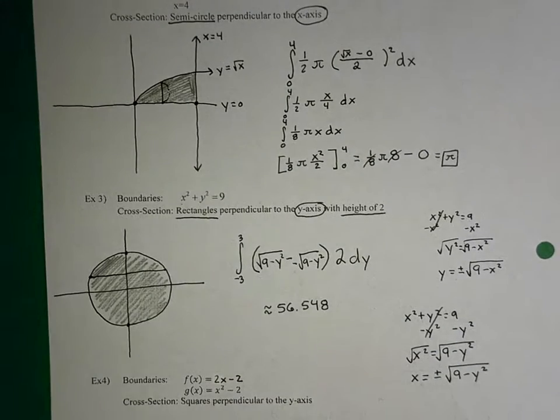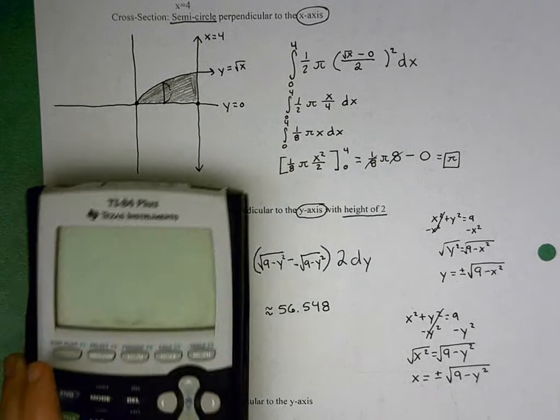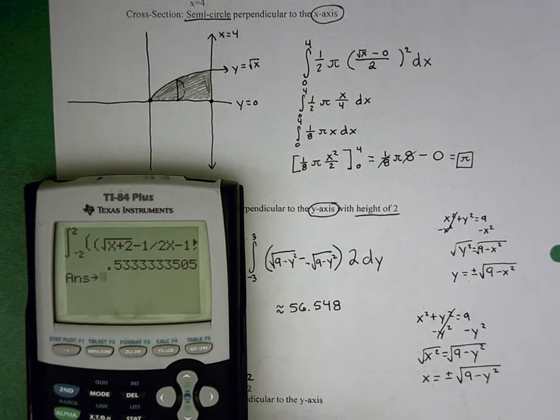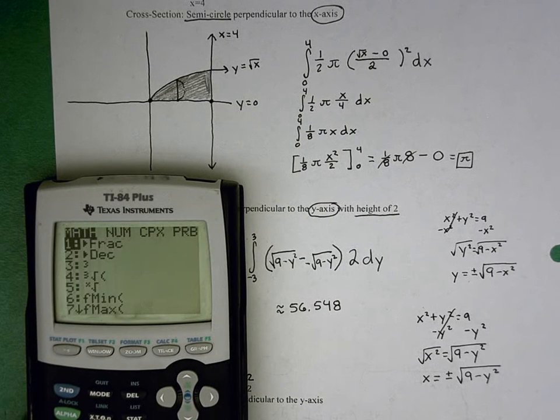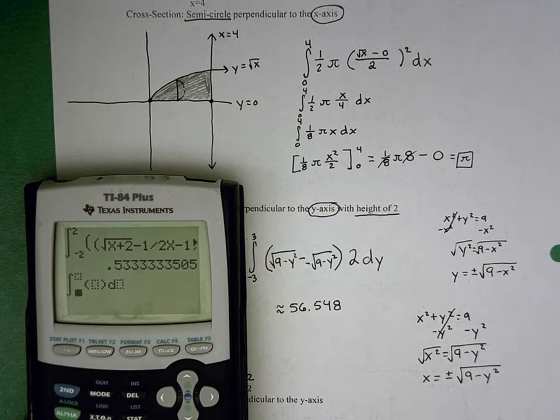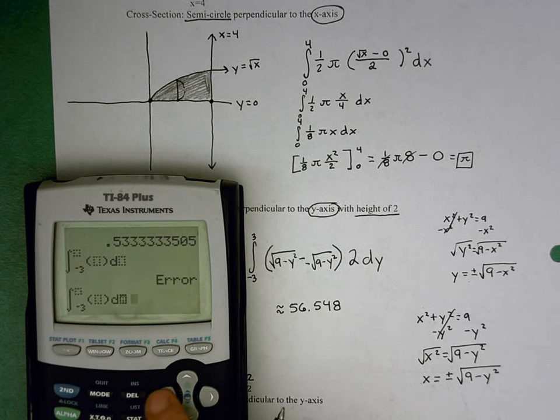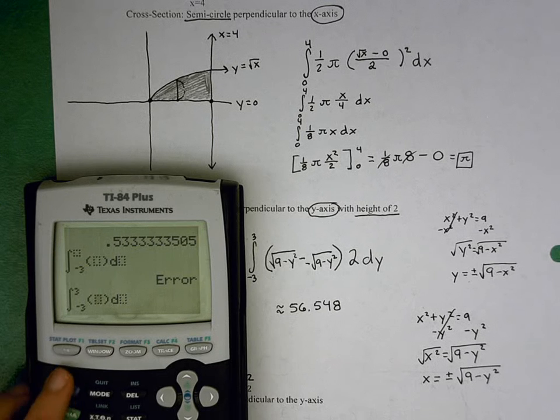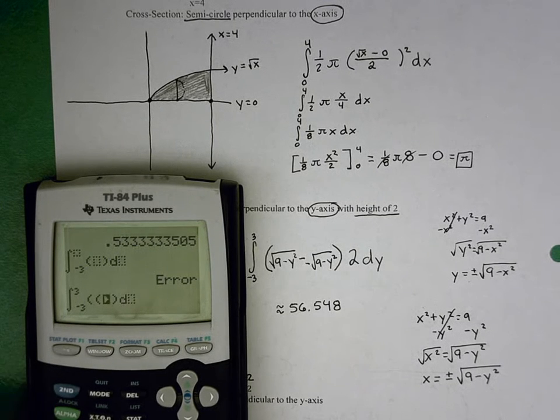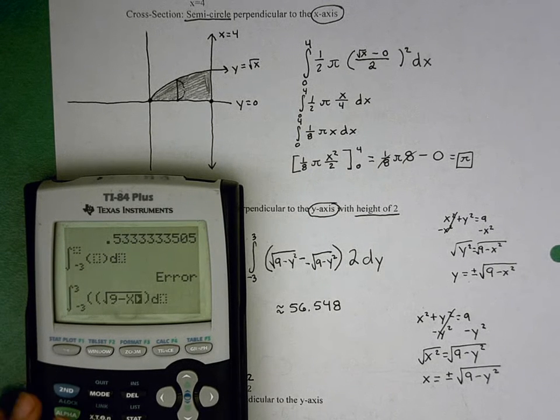In your 84, you would hit math, 9. 9 is fnInt, and you'll get this little integral sign. And you'll do negative 3. Oops, sorry about that. Let's start over. Negative 3 to 3. And then we have our root 9 minus y squared.